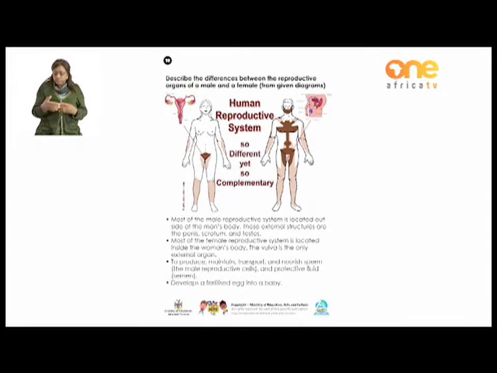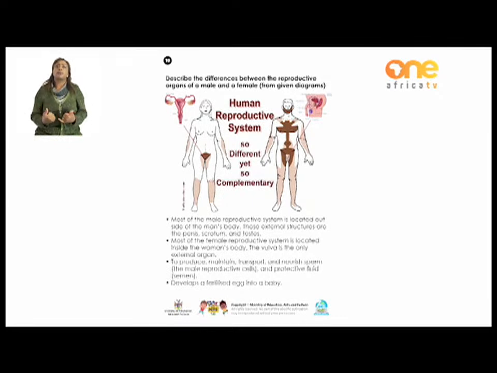And these external structures are the penis, the scrotum, and the testes. Most of the female's reproductive system is located inside the woman's body. The vulva is the only external organ, and it houses other organs, but it will be the only one visible from outside.